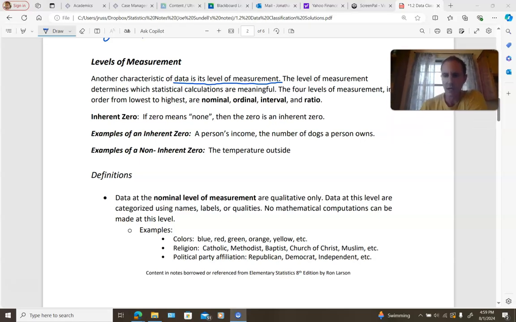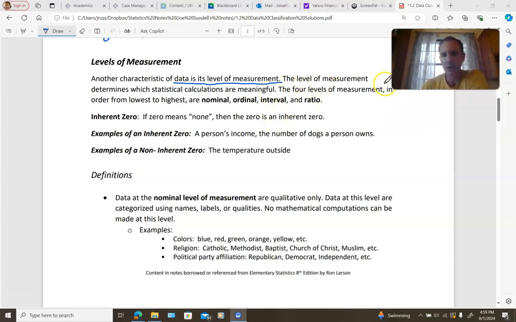If you look here, there are four levels of measurement. The lowest level is nominal. When you see that word nominal, guys, think of in name only. Pretty much all qualitative data falls under this lowest level of measurement, nominal. Then we've got ordinal. When you see ordinal, think of order.